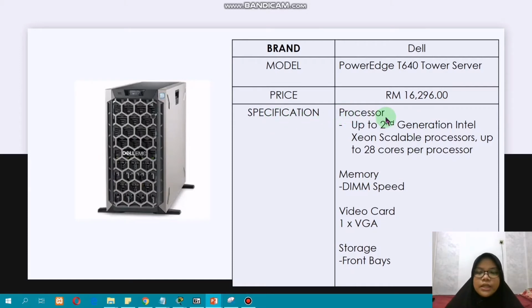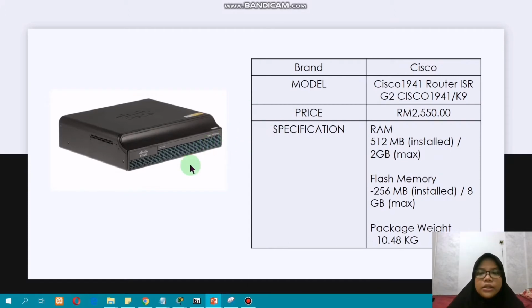Specification: processor up to second generation Intel Xeon scalable processors, up to 28 cores per processor. The memory for the tower server is DIMM speed, the video card is 1x VGA, and the storage is front bay.